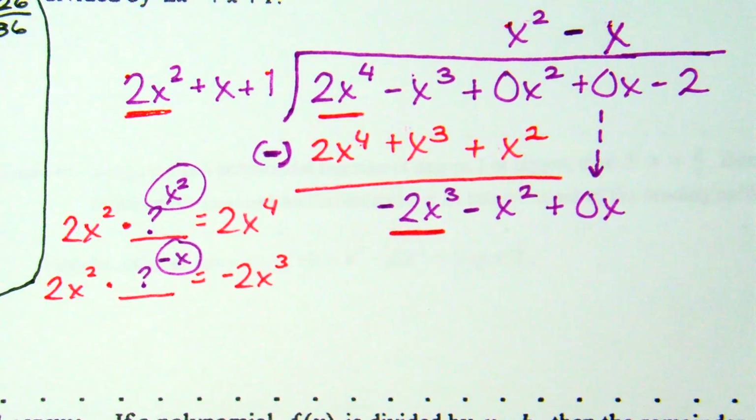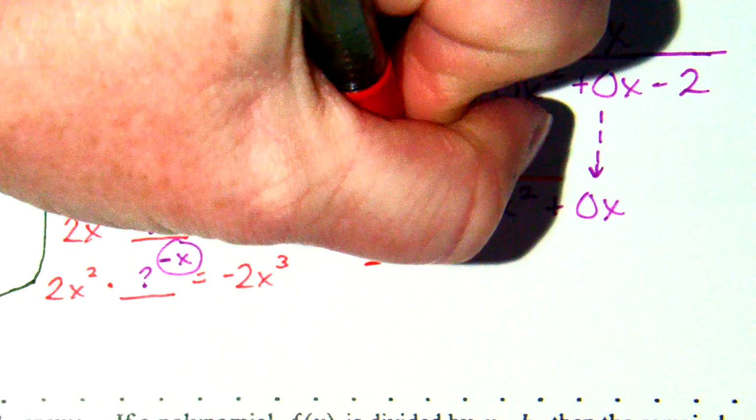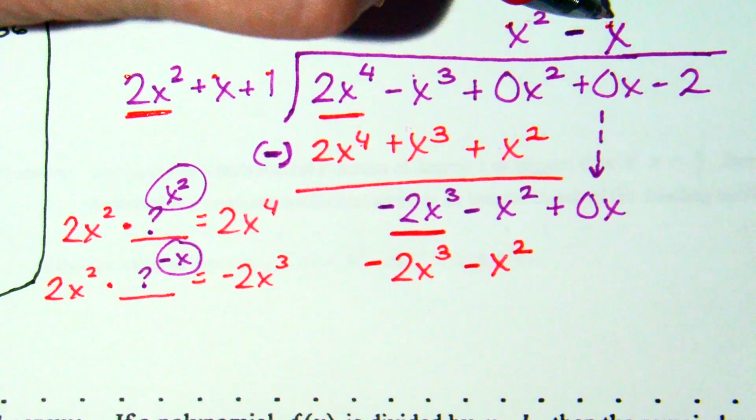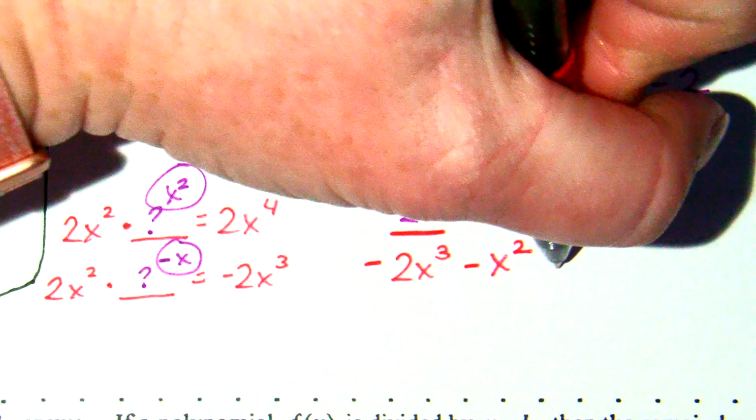Multiply. So negative x times 2x squared. Negative 2x to the third. And that better match, folks. That's the one that has to match. Negative x times x. Negative what? Negative x squared. And then negative x times 1. Negative x.